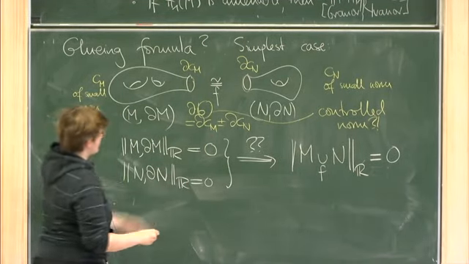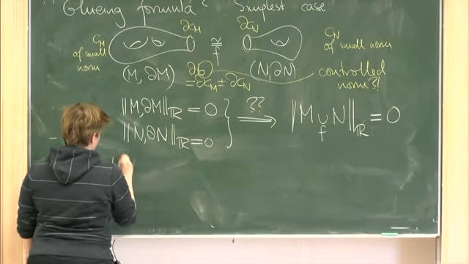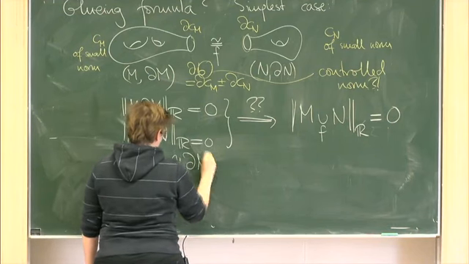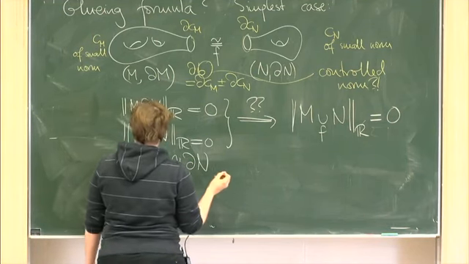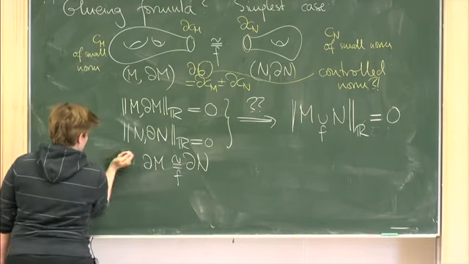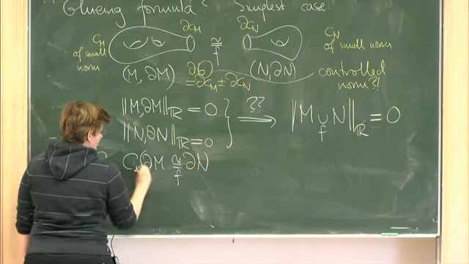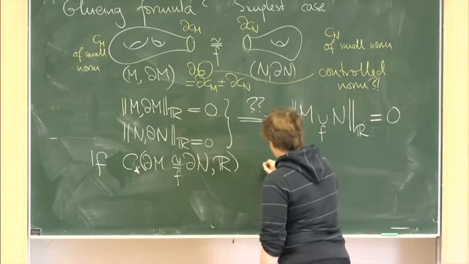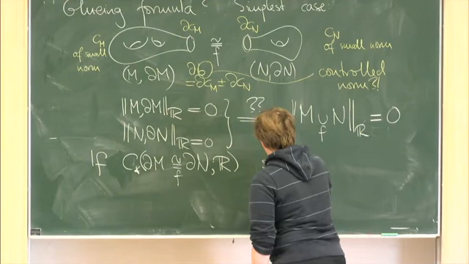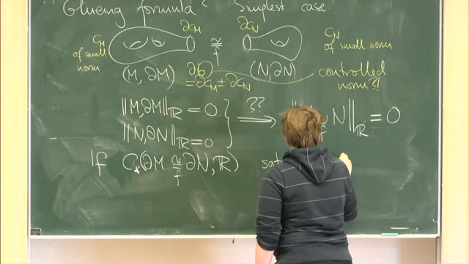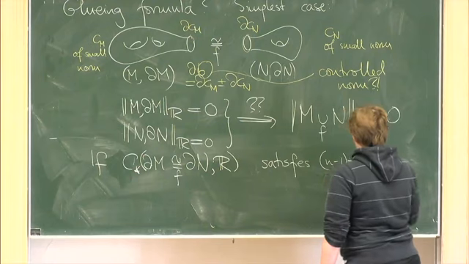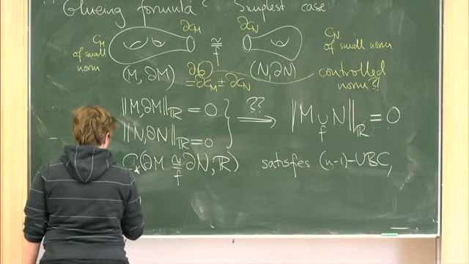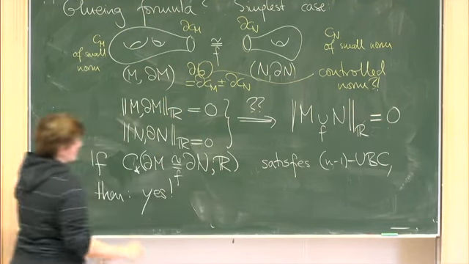So what we see is that if the singular chain complex of the boundary of M, which is the same as the boundary of N, with real coefficients with respect to the L1 norm, satisfies n minus 1 UBC, then we get a yes here, because then we can do exactly that.